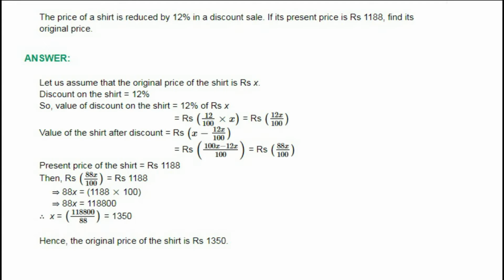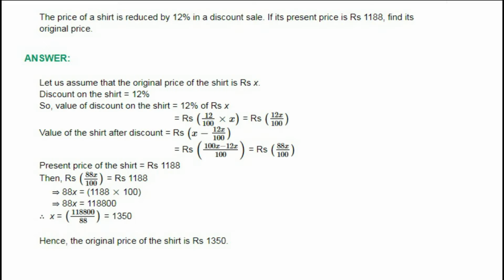So we don't know the original price, so we are assuming the original price of the shirt is rupees X. So discount on the shirt is 12%, so 12% of X is 12X by 100, right? So if we subtract 12X by 100 from the X, we will get the value of the shirt after discount, and that's what they have already given in the sum as 1188.